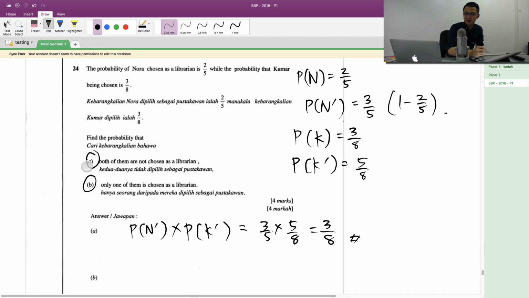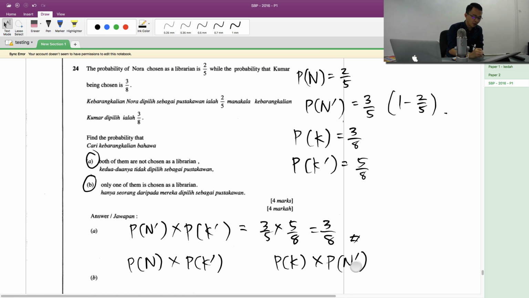Okay, for part B, only one of them is chosen. So if only one of them is chosen, what's the meaning of it? If I choose Nora, I cannot choose Kumar. However, if I choose Kumar, I cannot choose Nora because it can only be one of them.